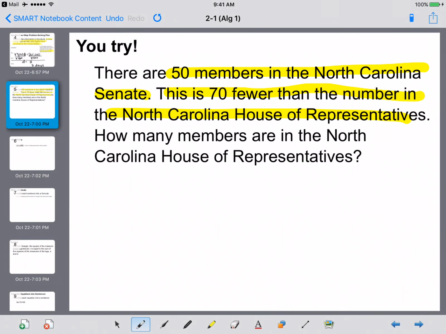So 50 is 70 fewer than the House. So fewer than is going to make it be taking 70 away. Because if I said it's 70 fewer than 100, you do 100 minus 70. If this is 70 fewer than the House, it's going to be the House minus 70.